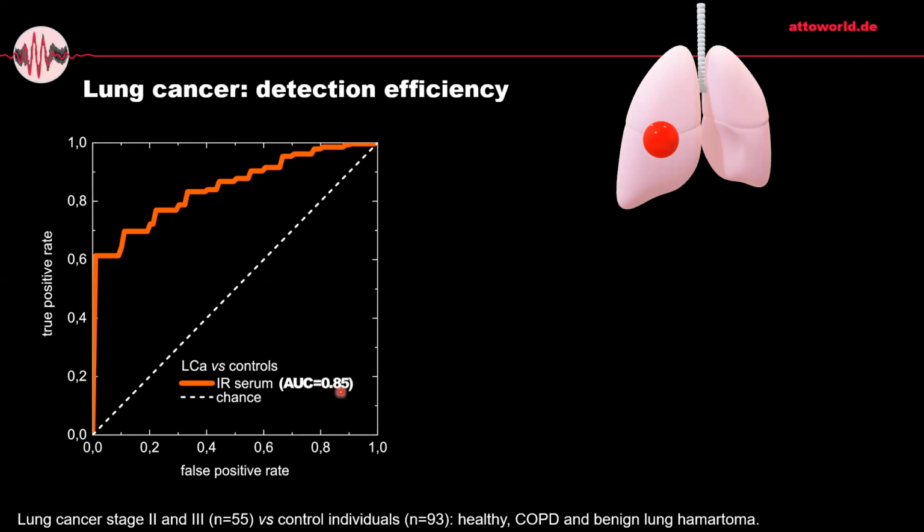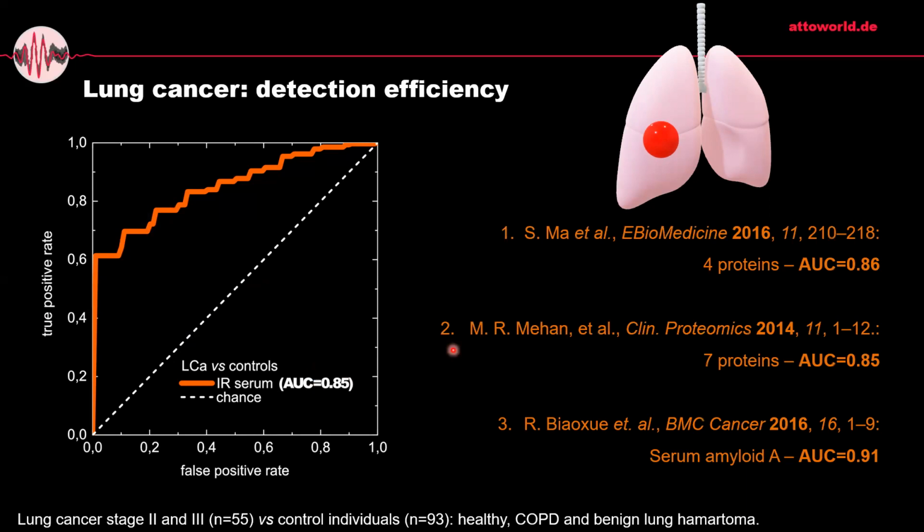And 0.85 might not seem like much, but if you look at the other studies in the field, that's as good as you can get, more or less. There are proteomic studies, purely proteomic, where they get pretty similar values out of 4 proteins or 7 proteins.